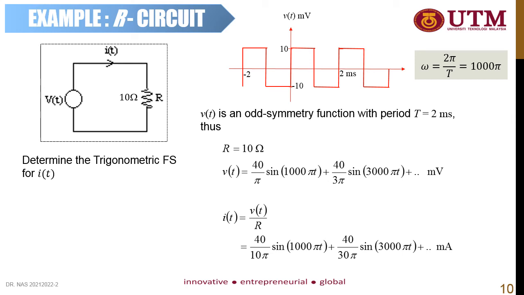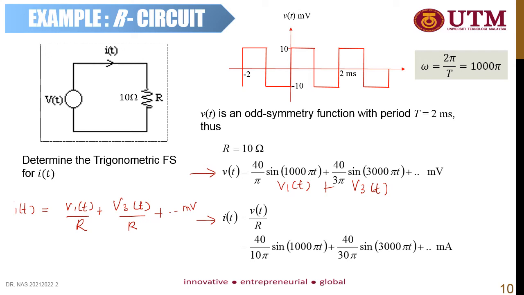So v(t), as calculated earlier in the previous slide, is given by this equation, and i is basically equal to v divided by R. So you have v1(t) plus v3(t), so i is equal to v1(t) divided by R plus v3(t) divided by R. If the question asks for more harmonics, then you need to consider more harmonics.